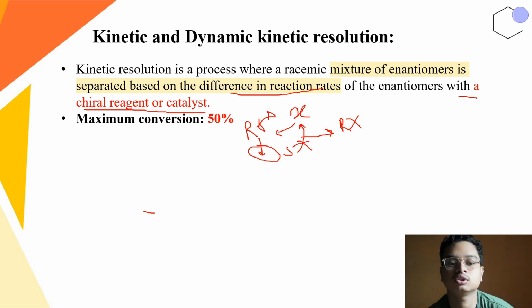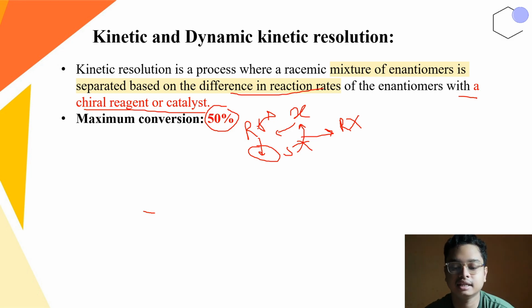So from there also we can resolve, or separate, our enantiomers from the racemic mixture. However, this kinetic resolution has a maximum conversion of 50%, because we already know that a racemic mixture contains 50% R compound and 50% S compound. So if the R compound reacts with the X chiral reagent or catalyst, only 50% of our desired compound can be extracted from the racemic mixture.